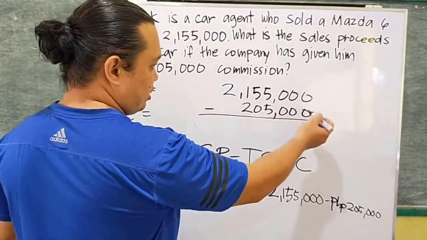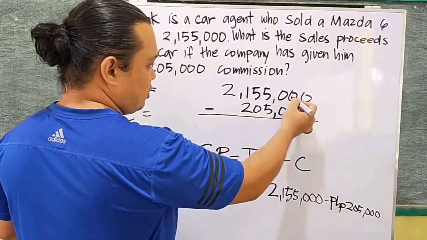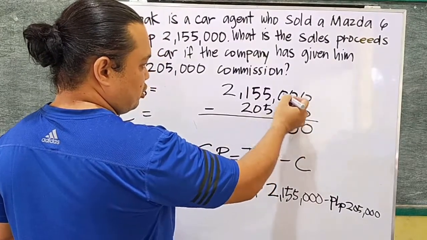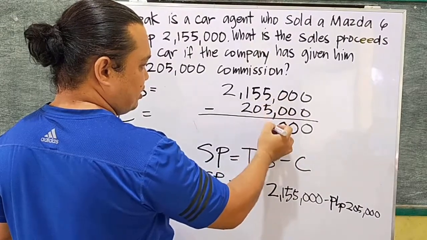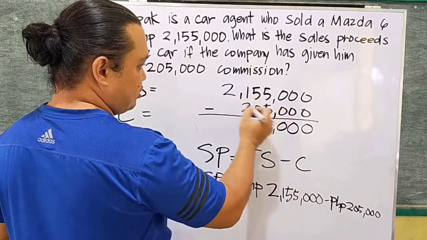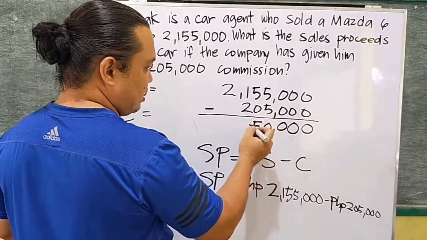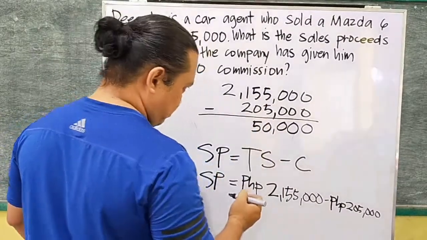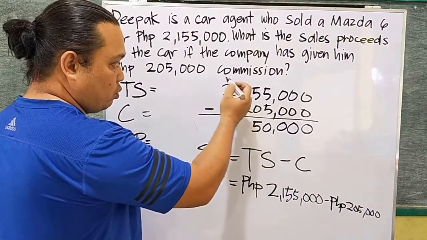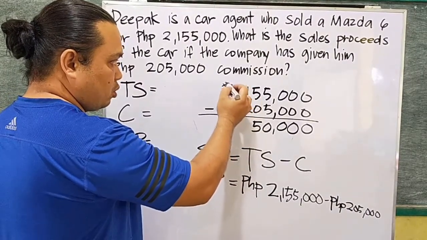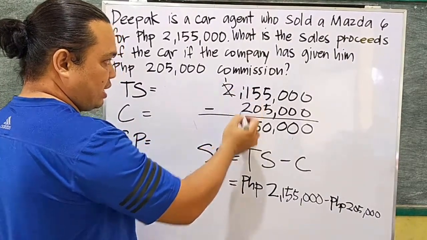Subtract: 0 minus 0, 0. 0 minus 0, that's 0. 0 minus 0 is 0. No comma. 5 minus 5 is 0. 5 minus 0 is 5. Now 1 minus 2 cannot be, because 2 here is greater than 1. So 1 will borrow 1 from 2, and 2 will become 1, and 1 will become 11.